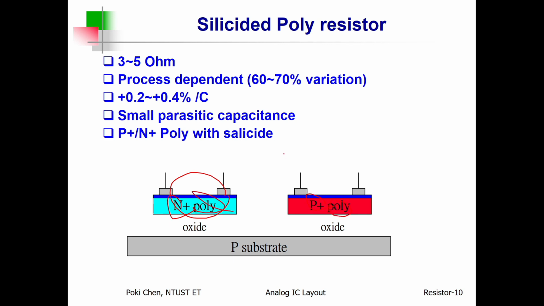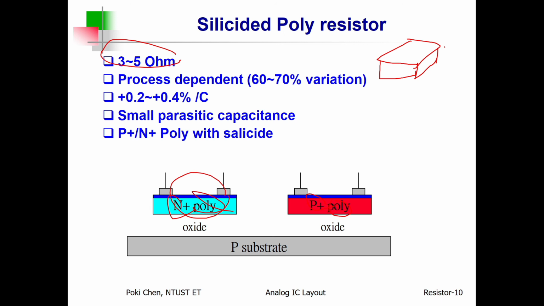For such kind of N+ or P+ poly, the sheet resistance. Sheet means what? A square. A square layout for any kind of resistor. We call it the sheet resistance.